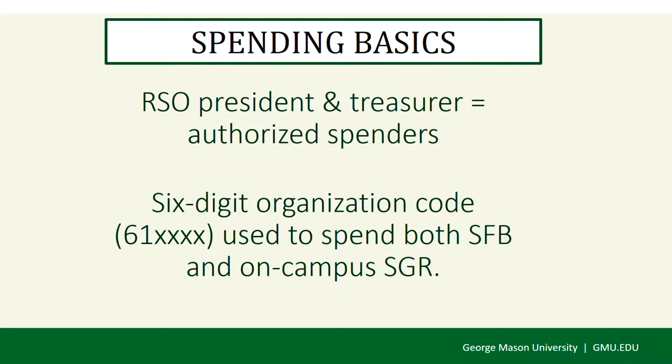Additionally, your RSO will use the same spending methods for both SFB funding and on-campus SGR. In other words, there is no difference in how your RSO will spend these funding sources. You just need to make sure you have secured the funding, either SFB or on-campus SGR, before committing to or paying for an expense.